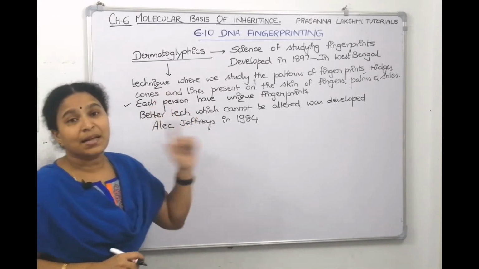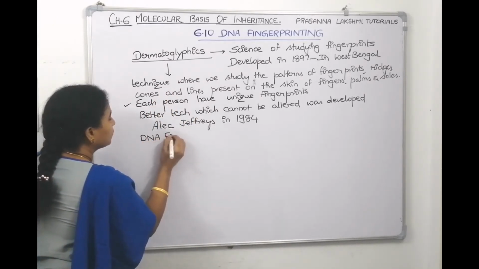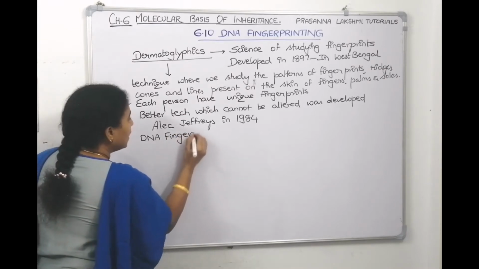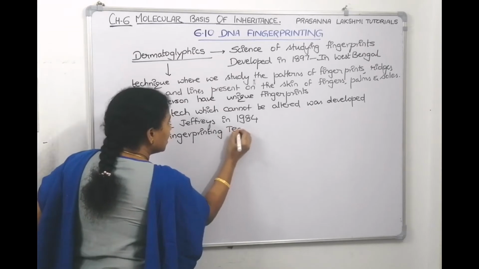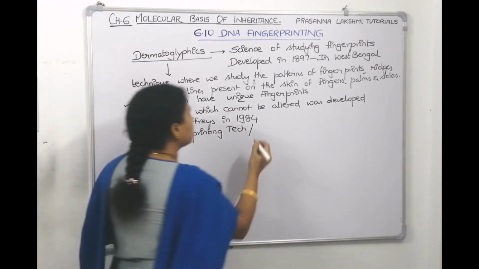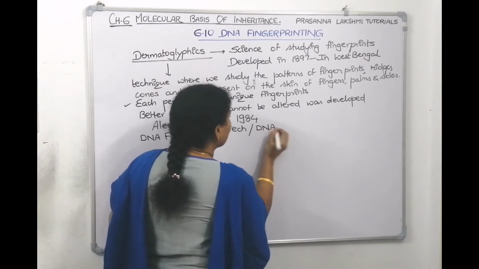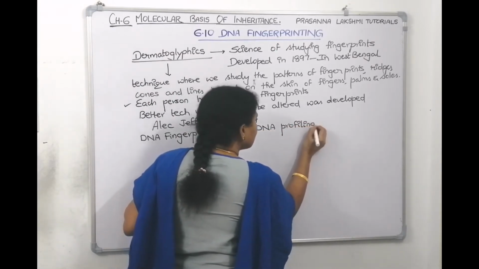And what are the other names we can tell? What are the synonyms? DNA fingerprinting technology is also called DNA profiling. They can ask you what DNA profiling is. It is the same thing.